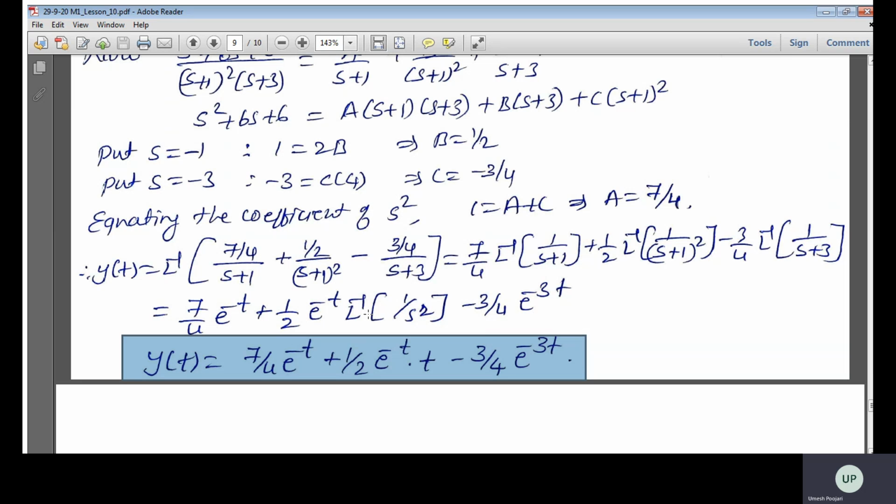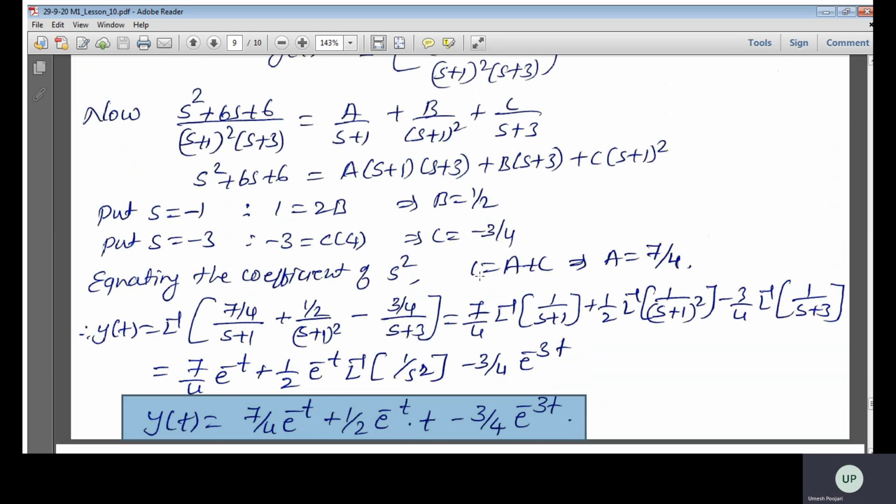The convolution theorem can be used to find the inverse Laplace transform of a product of two functions. And the last one is the application of Laplace transform and inverse Laplace transform to solve ordinary differential equations. So these are some important topics in this module 1.